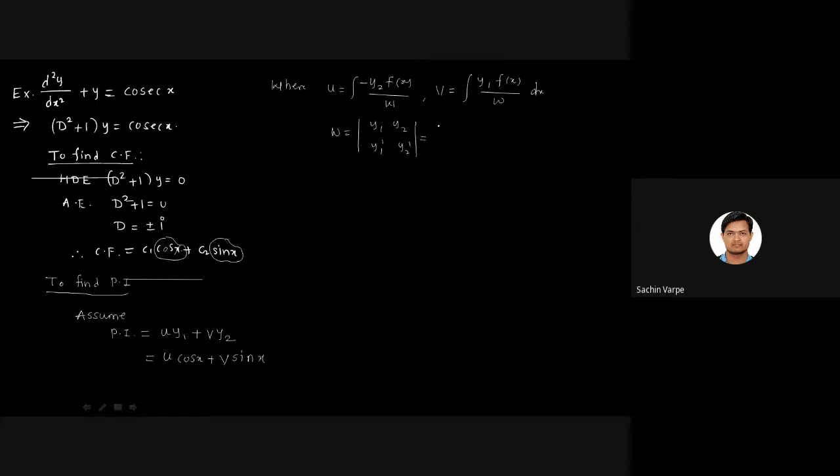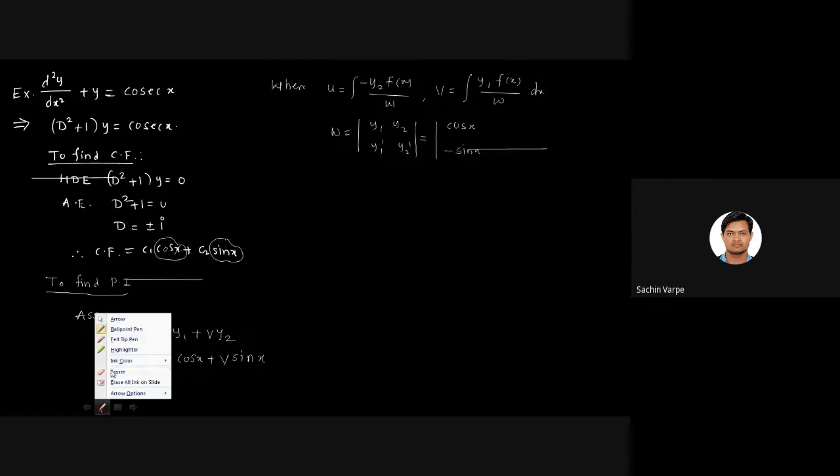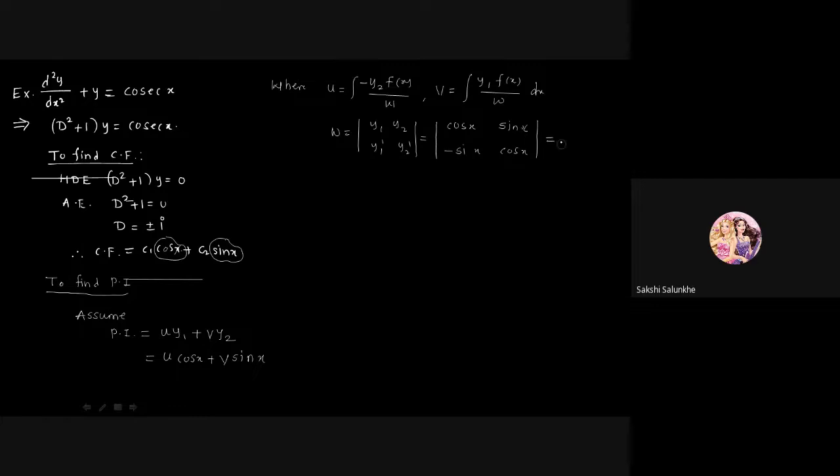Y1 is cos x, so its derivative is minus sin x. Y2 is sin x and its derivative is cos x. So the value of the determinant is cos square x plus sin square x, which is 1.